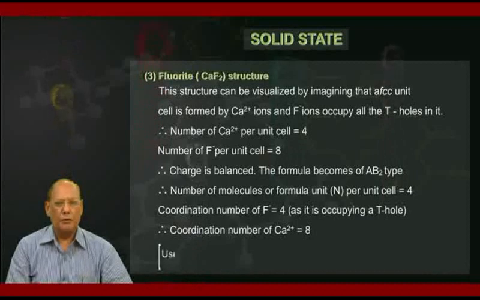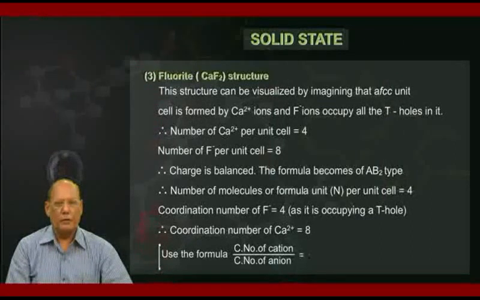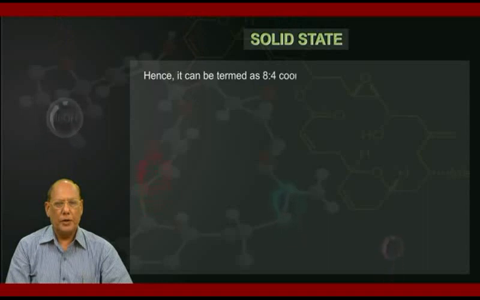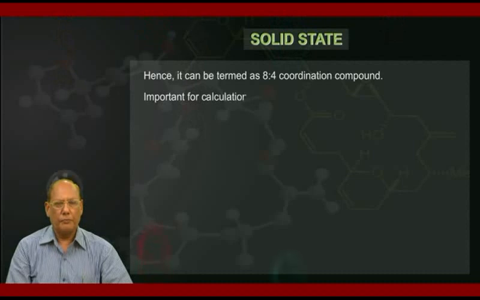By using the formula coordination number of cation upon coordination number of anion is equal to valency of cation upon valency of anion. This formula we have already read. Hence it can be termed as 8:4 coordination compound.